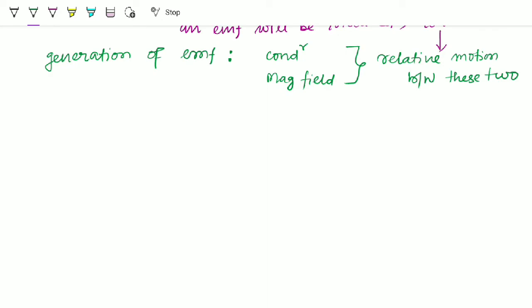In the first case, the conductor is moving, but the magnetic field is fixed, or we can say stationary.